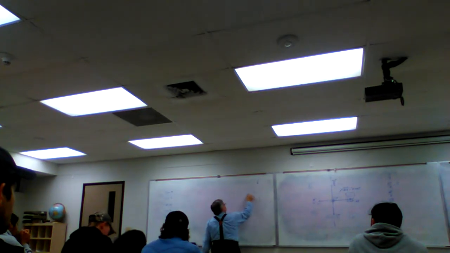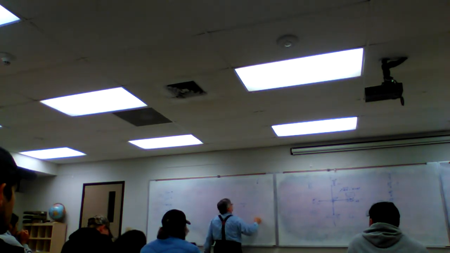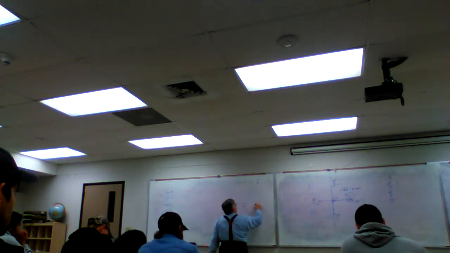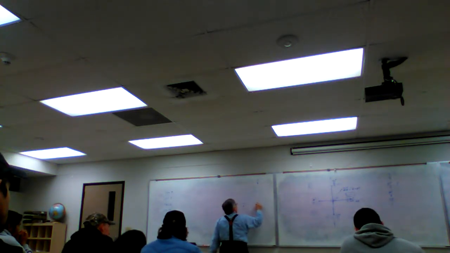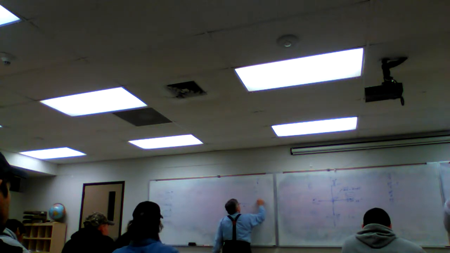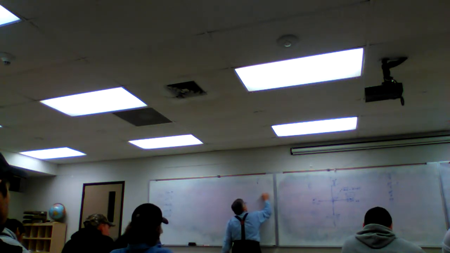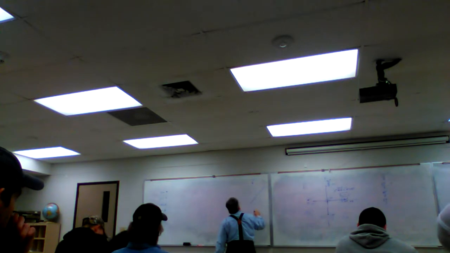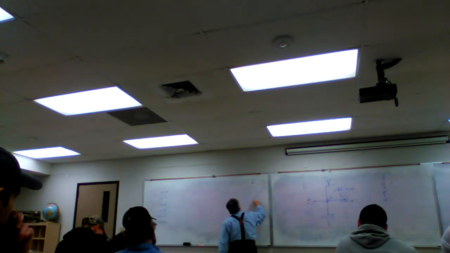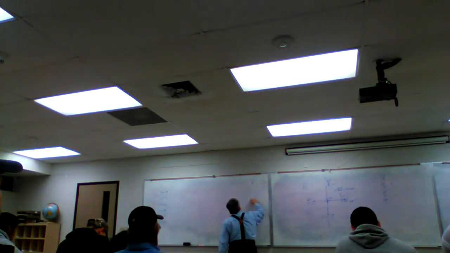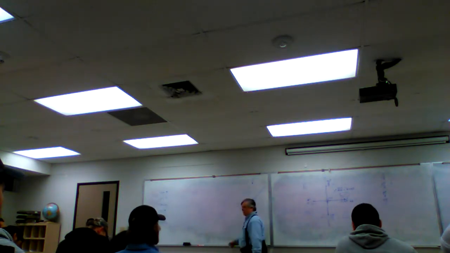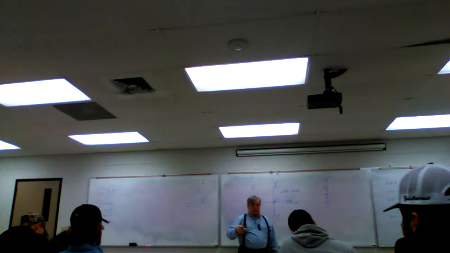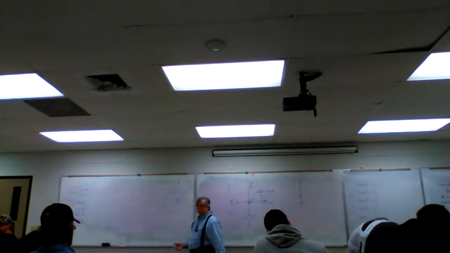So we start with our unit circle, X and Y. Now if this is pi over 2, pi over 4 is going to be exactly halfway between them, because pi over 4 plus pi over 4 equals pi over 2.